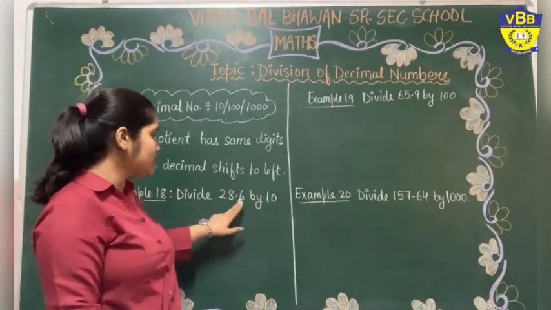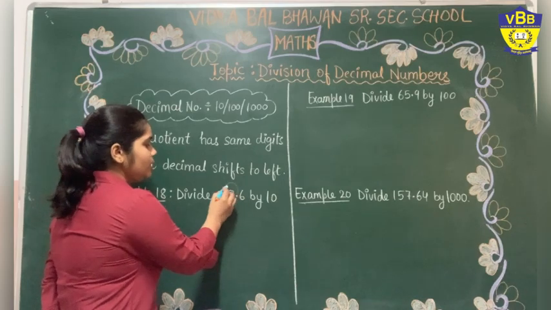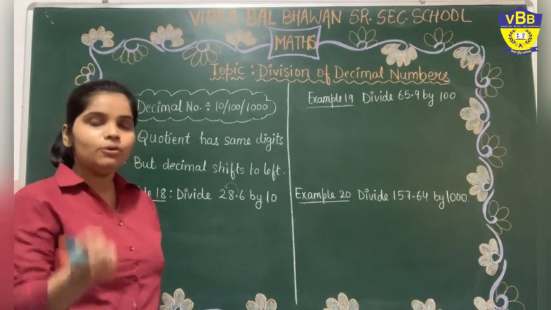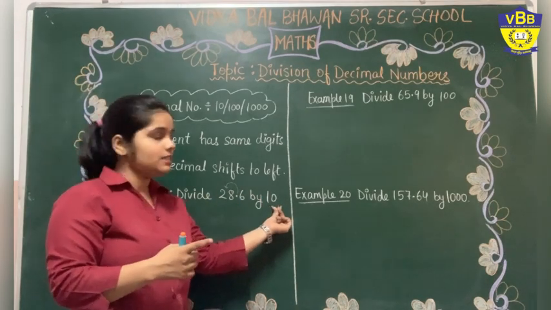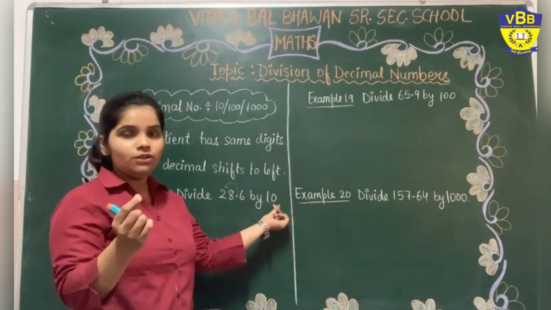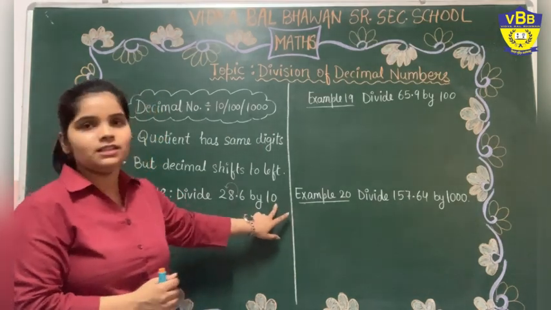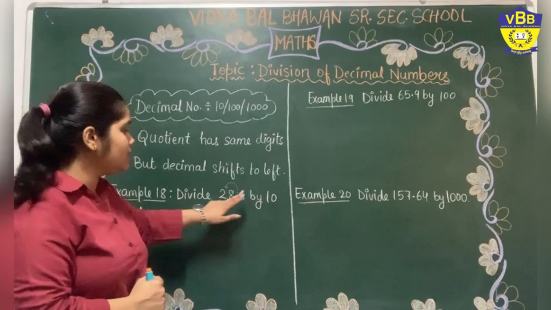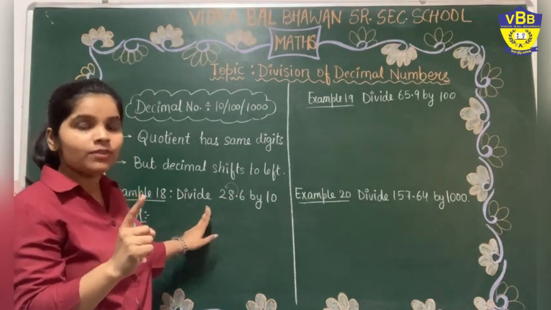But the decimal will shift to the left side. By how many places? By the number of zeros the divisor has. If the divisor has 1 zero, the decimal will shift to the left side by 1 decimal place.